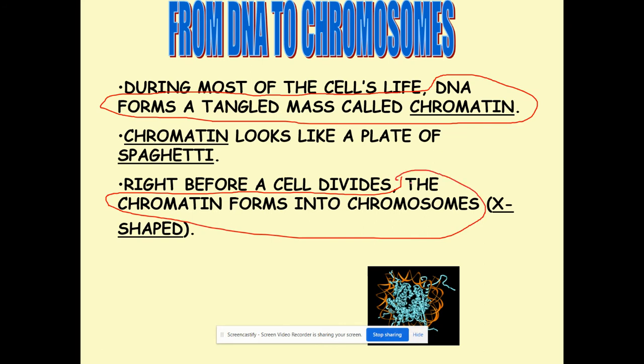Chromatin is that loosely spaghetti-looking DNA as it typically exists inside your nucleus most of the time. Then it coils up into what are called chromosomes when the cells get ready to divide. Got it? Chromatin, chromosomes.